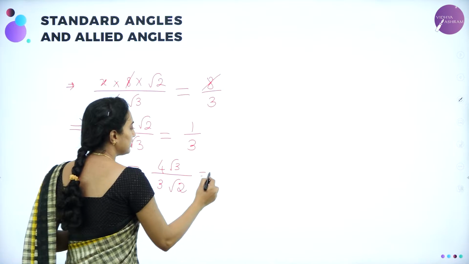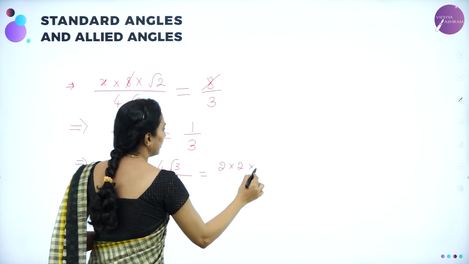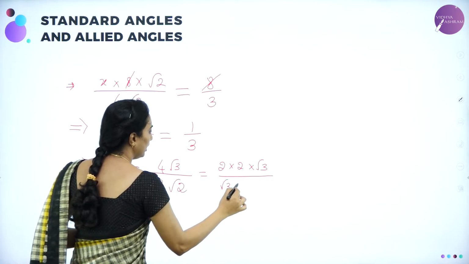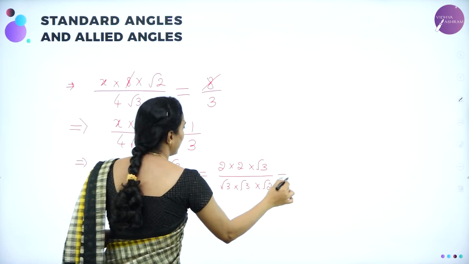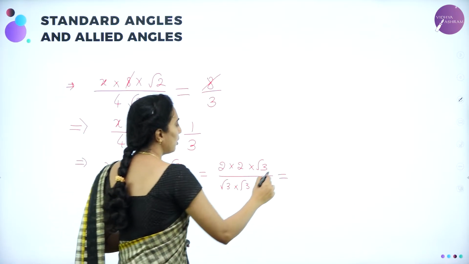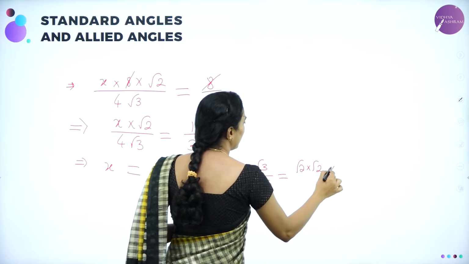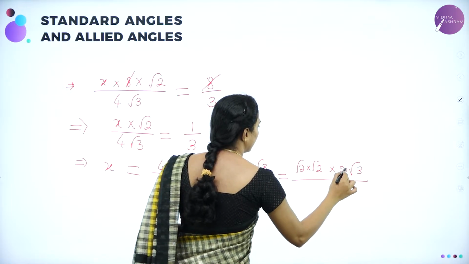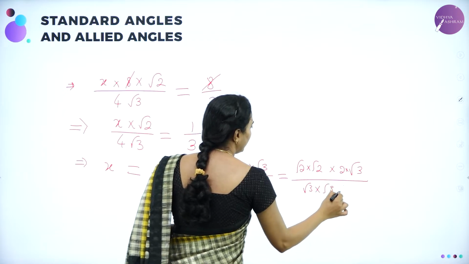Let me write it as it is, 2 into 2, which is 4, into root 3, divided by root 3 into root 3 into root 2, which implies this 2 can be written as root 2 into root 2. Again this 2 as it is, into root 3, divided by root 3 into root 3 into root 2.